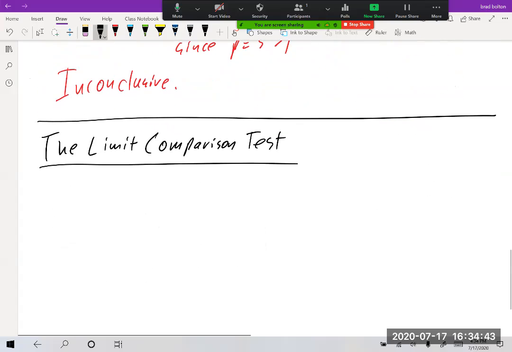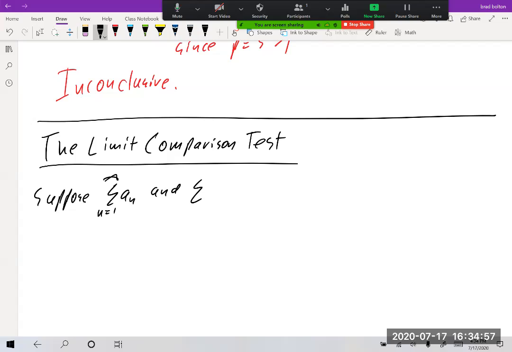Okay, so let's look at the limit comparison test. It says, suppose that the series a sub n, n equals 1 to infinity, and the series n equals 1 to infinity of b sub n are series with positive terms.